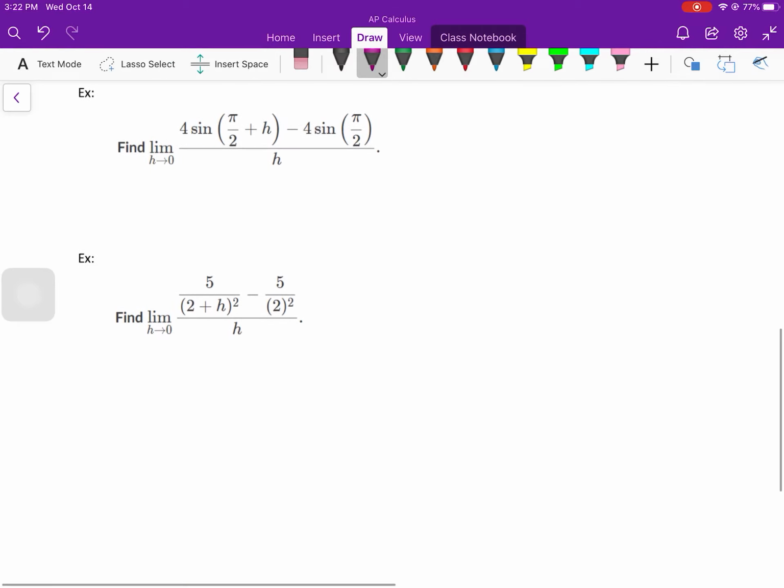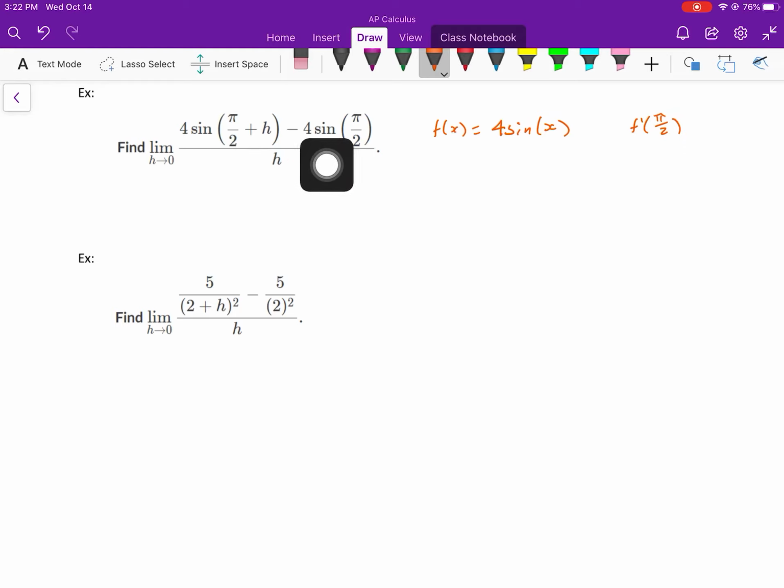And that's the idea there. This one, it's pretty obvious. Our function this time is 4 sine of x. I don't know why I put sine g. Sine of seeing is what that said. So 4 sine of x, and we're going to find the derivative at pi over 2. You could just see it there, right? Pi over 2 plus h is a giveaway.